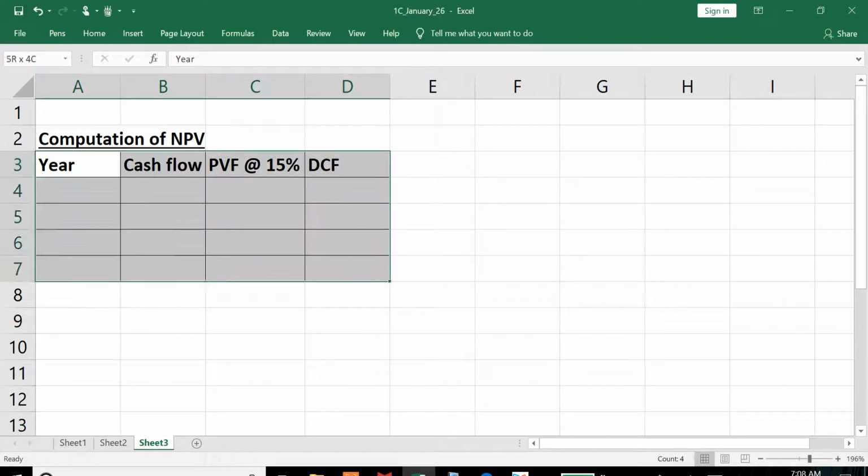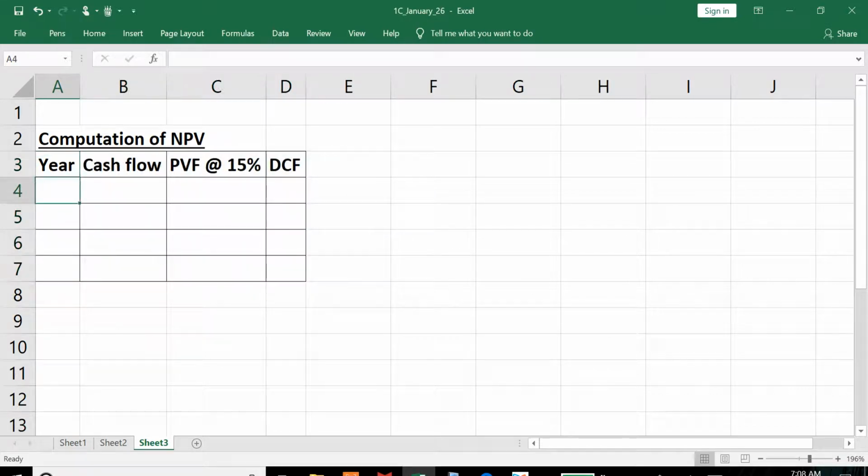We are going to do discounting of cash flows at the rate of 15%. Year, cash flow, PVF at 15% and DCF. Let's not worry whether they are going to declare dividend, reduce dividend. I'm not bothered about all of this. I'm just evaluating this project.